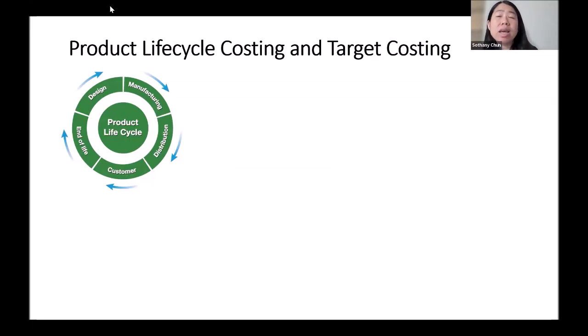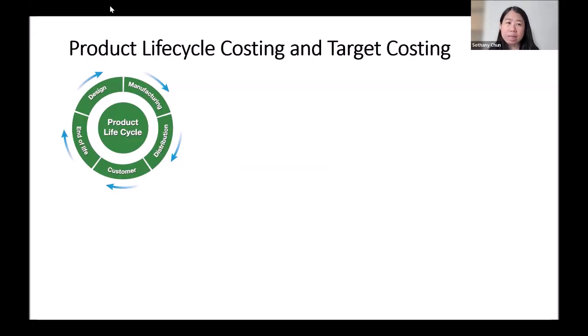End of life here is the component that is mostly forgotten by a lot of people who do costing. You don't really take care of it once we need to cease the operation of that product and move to the next one, because any product has its life. At one point in time, it's not necessary anymore in the market, so we need to move to a next product.